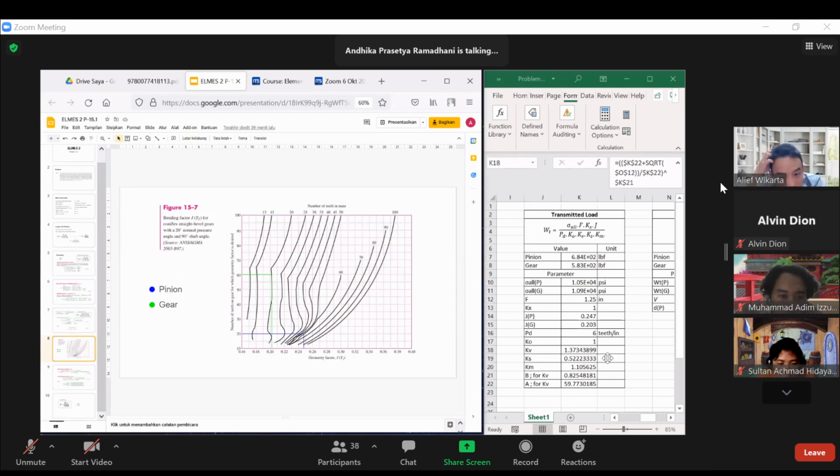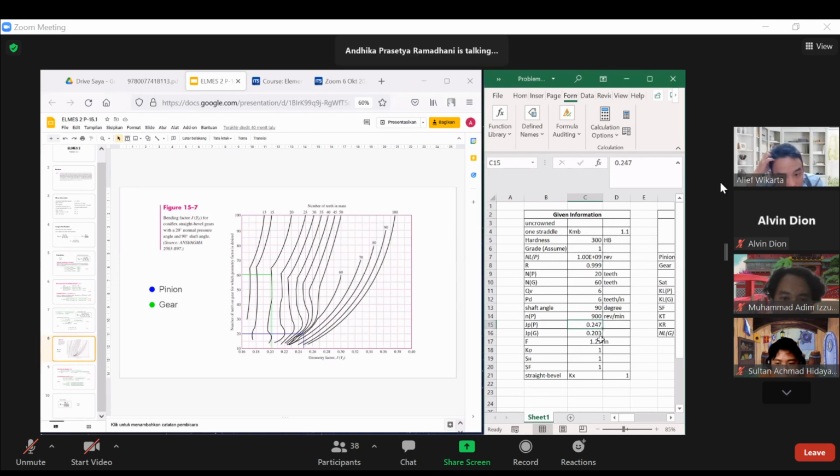Assume that the value is 0.247, and for the gear with 60 teeth and the mate with 20 teeth, the value is around 0.20.